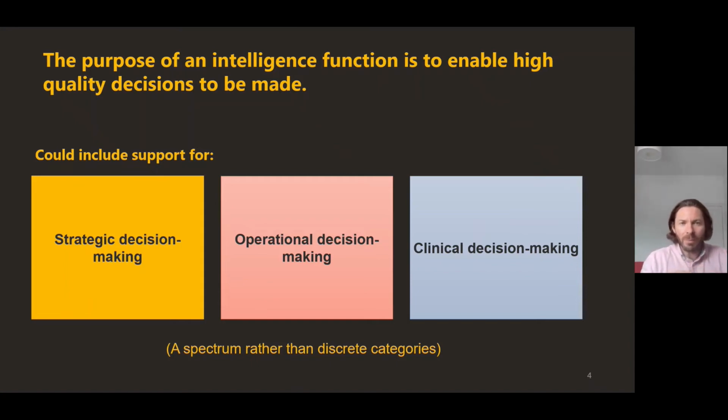So when it comes to thinking about the resources and mechanisms that systems may need to make these decisions, the guidance provides a maturity matrix detailing what an emerging, a developing and a maturing function might look like. That's a really brief summary of the guidance, and that's going to be released by NHSE very soon.